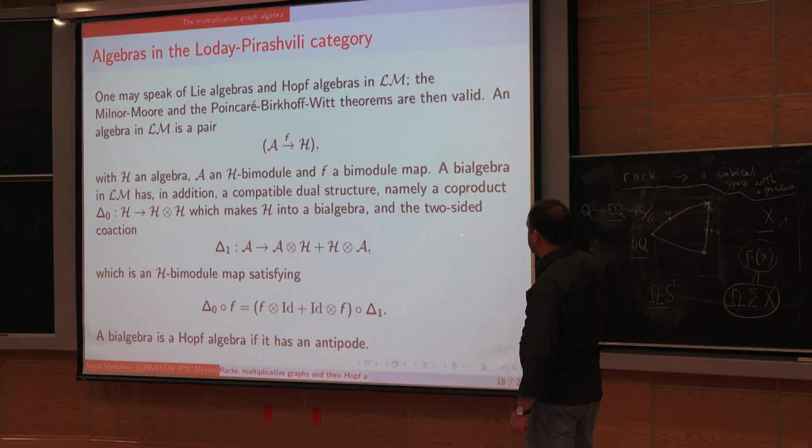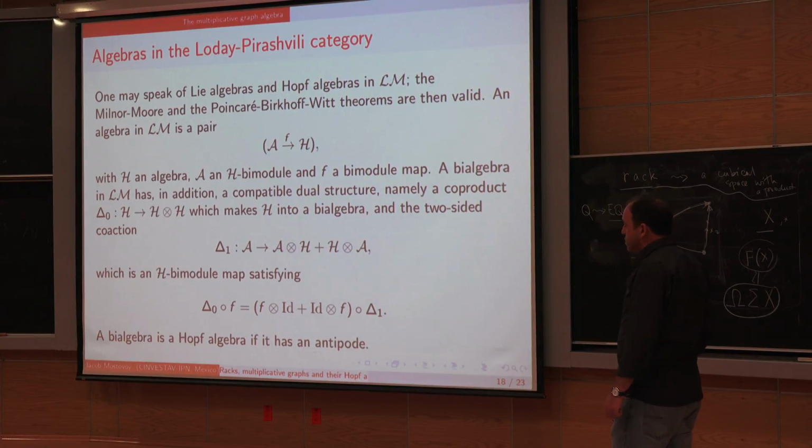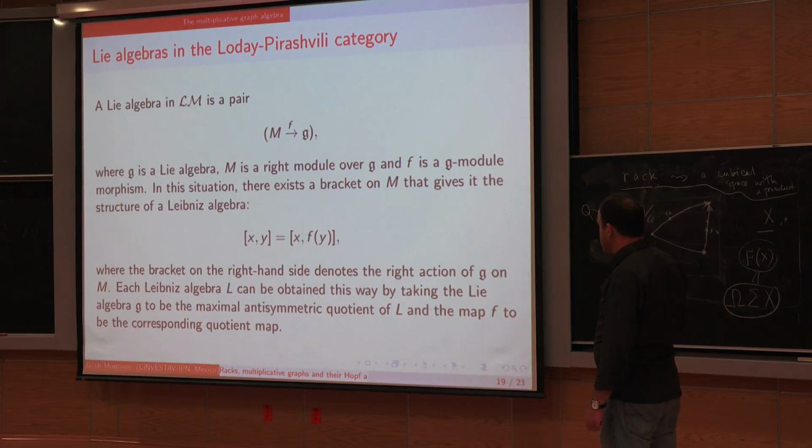So this is a coproduct in a B algebra in the Loday-Pirashvili category, delta 1, delta 0. Delta 0 is the usual coproduct, and delta 1 is something like this. And delta 1 and delta 0 are related by this identity. Now, also there is a notion of an antipode. Well, I guess it's somewhere else.